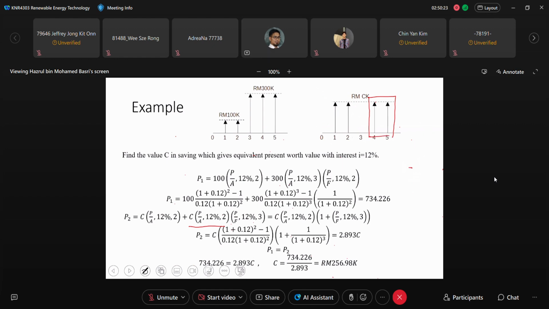Here we want to find the present value, P prime. The P prime is equal to what is given, the A, the annuity, P over A, 12%, 2 years. So you have this part.